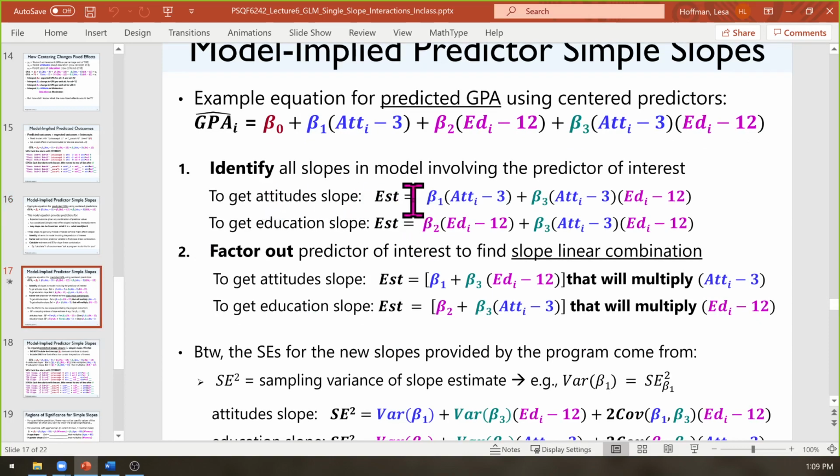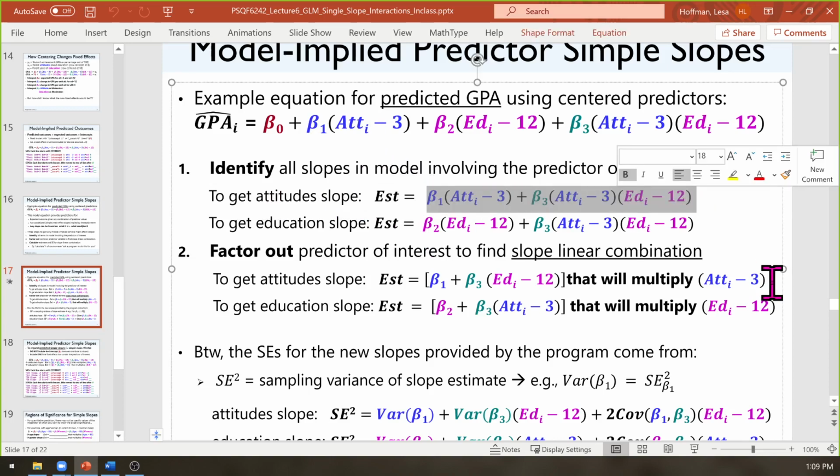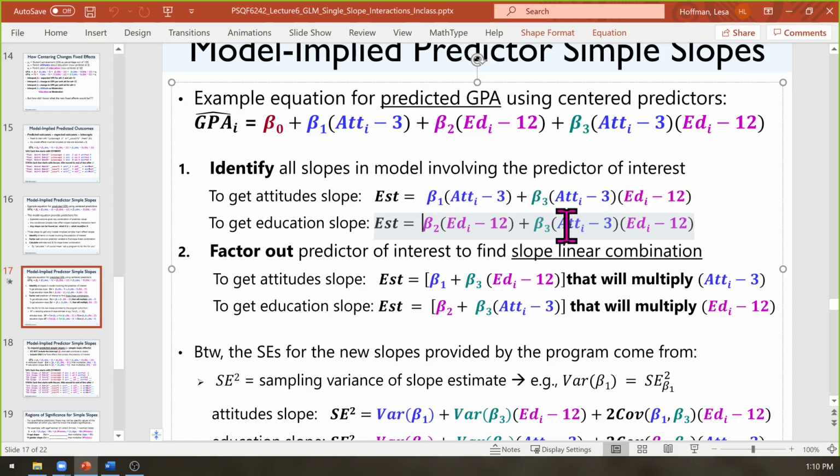So how to get the effect of attitudes, for instance: go up to the equation and find all of the terms that have attitudes in them. All of them, but only them. So for instance, the main effect of education doesn't go in here because it doesn't have attitudes in it. Likewise, if we were going to get the effect of education, only the terms that have education in common would be involved.